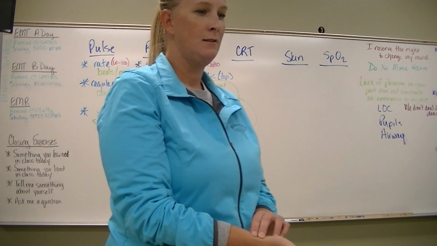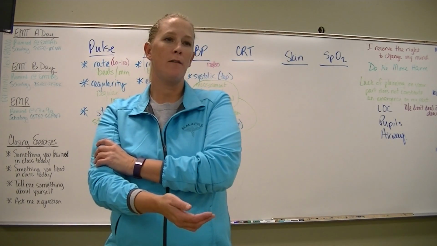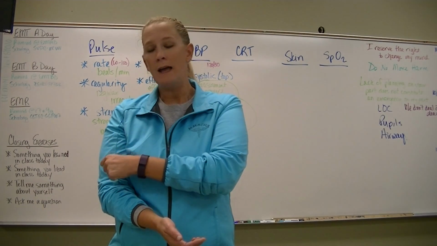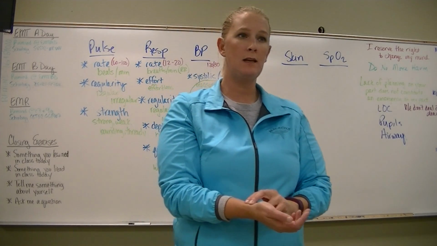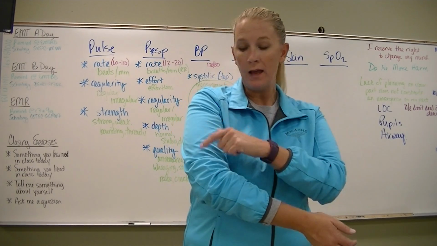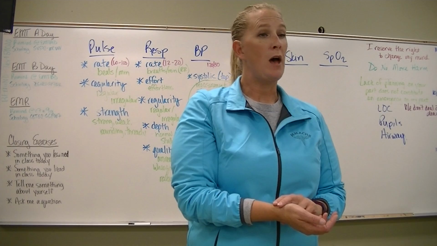If you inflate a blood pressure cuff on your arm until your radial pulse goes away, and then slowly let the pressure out until you feel the radial pulse again, the number at that point is your blood pressure by palpation.